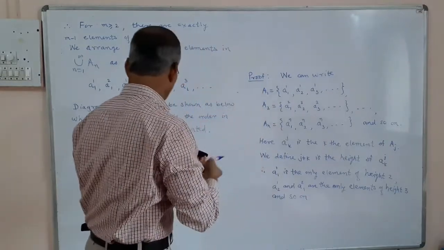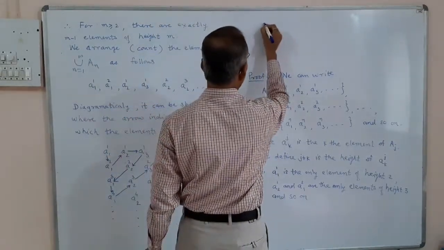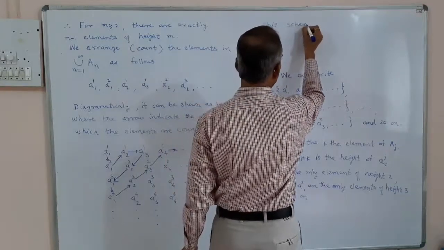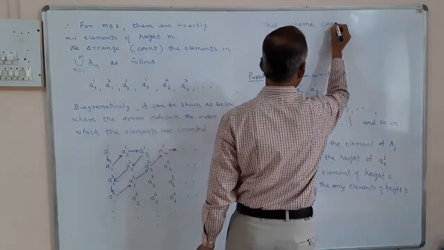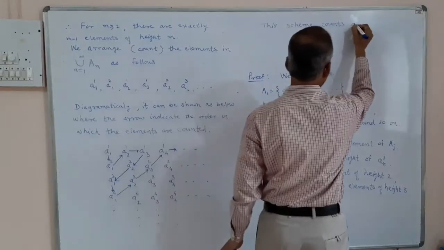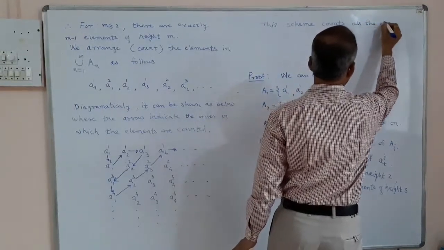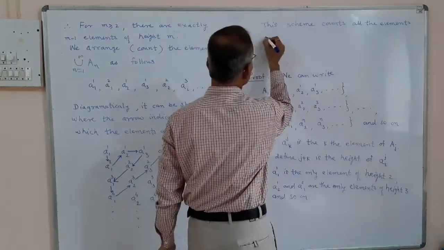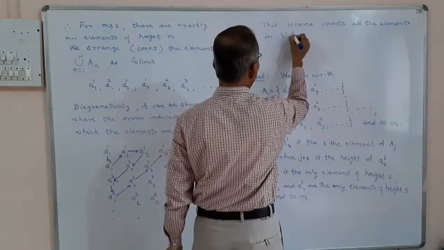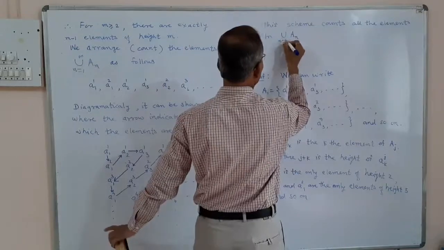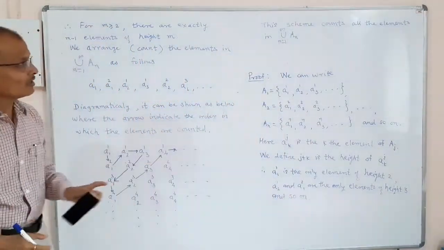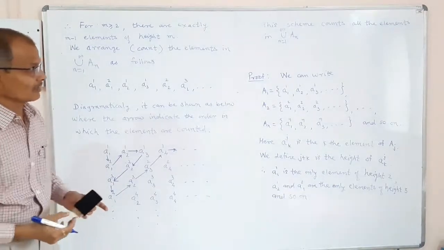So this scheme counts all the elements in the union of An. Here we have written all the elements of the union of An, and thus the union of An is countable.